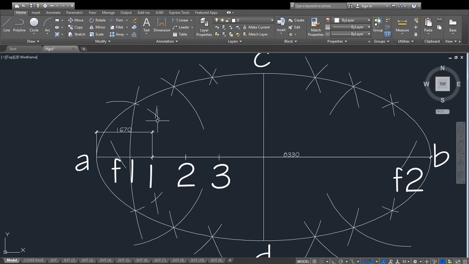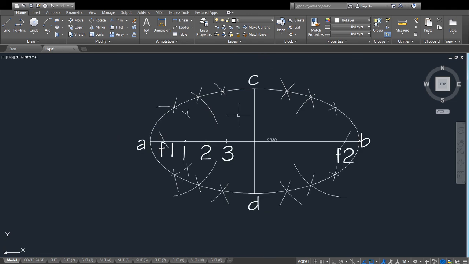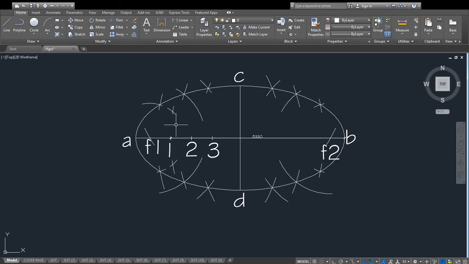See our initial point here, these two, this and this, which is wrong. So we have our ellipse this way.